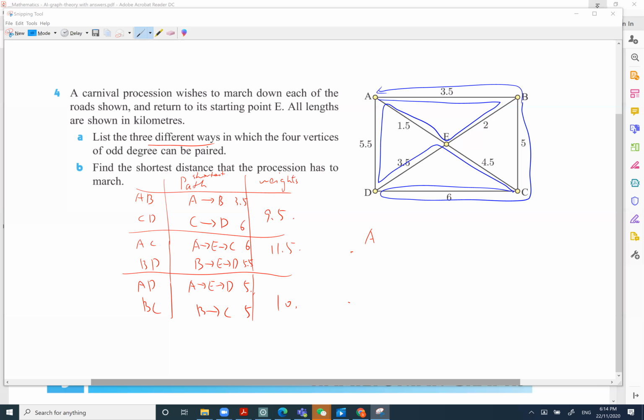Starting at E, okay, we can try to start at E. But this way we just double check. We pass through all the edges, but we repeat AB and CD. So you just add all weights, in km. Is it distance? Oh yeah, km. And you need a plus: you repeat AB, you also repeat CD.